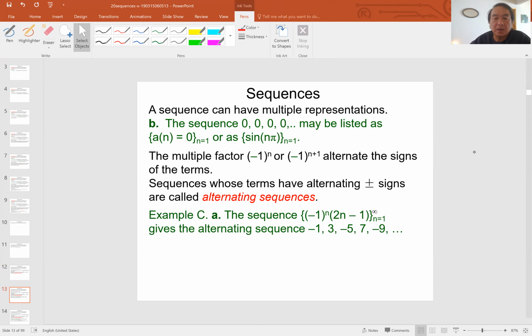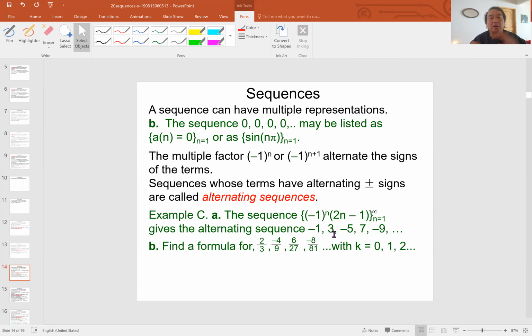For example, minus 1 to the nth, starting with n equal to 1, means the first number will be negative, then positive, negative, positive. It will alternate from there. Then you fill in the numbers. The numbers themselves are 1, 3, 5, 7, except with the signs minus, plus, minus, plus, and so on in this pattern.